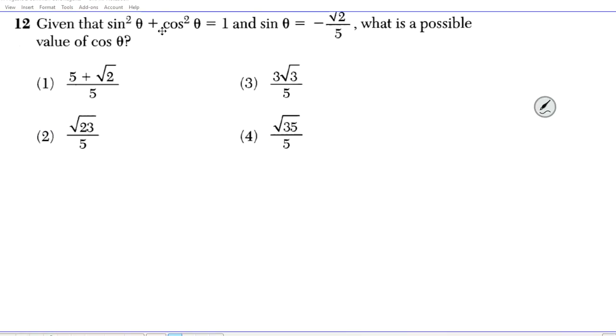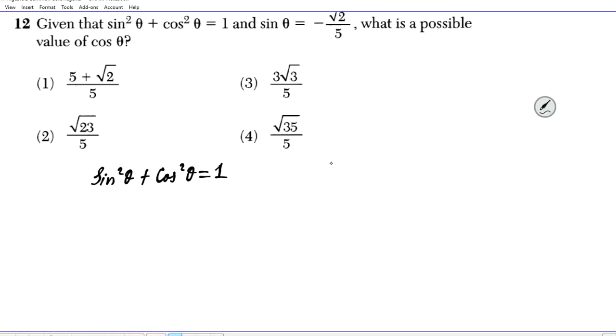It reads, given that sine squared theta plus cosine squared theta equals 1, that's the Pythagorean identity for trig functions, and sine theta is equal to negative root 2 over 5, what is a possible value of cosine theta? Alright, so let's go ahead and rewrite the identity. We have sine squared theta plus cosine squared theta equals 1.